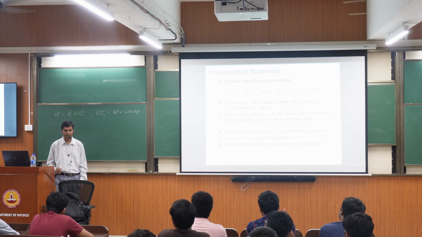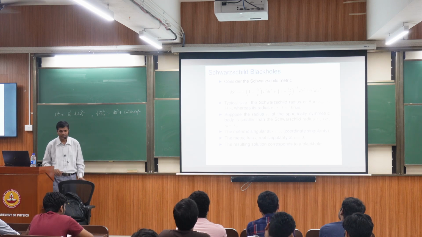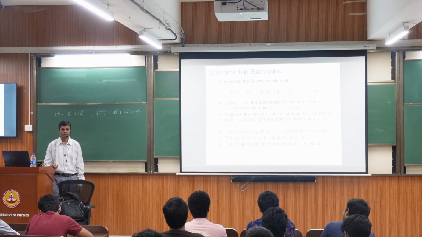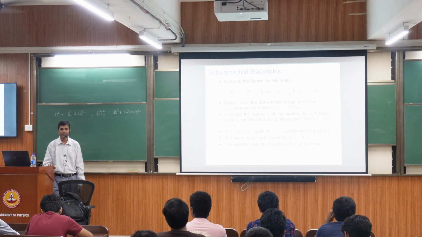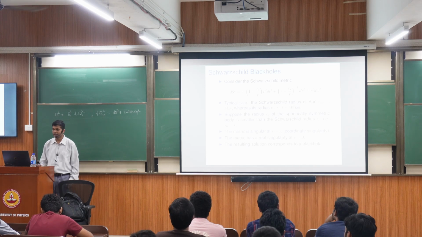Now suppose you consider this solution, and let us assume that this is true all the way up to r equal to 0. Then there is another singularity at r equal to 0 also, so there are two singularities.